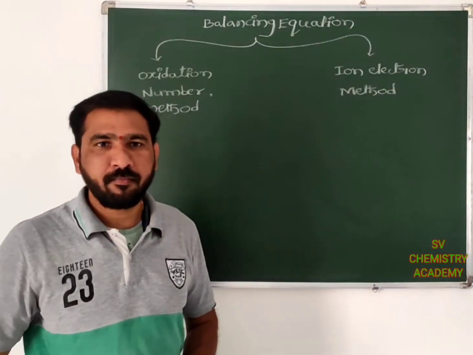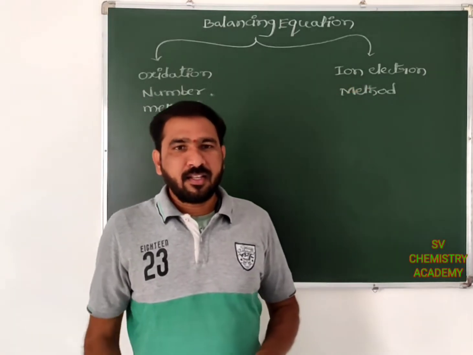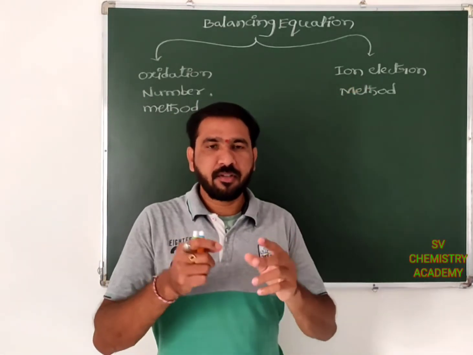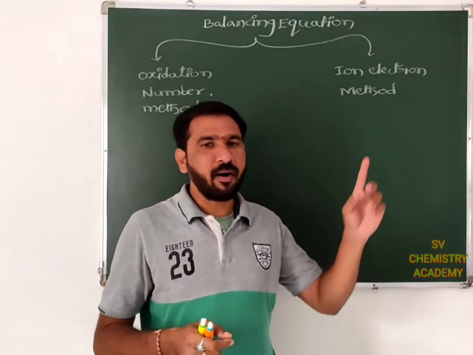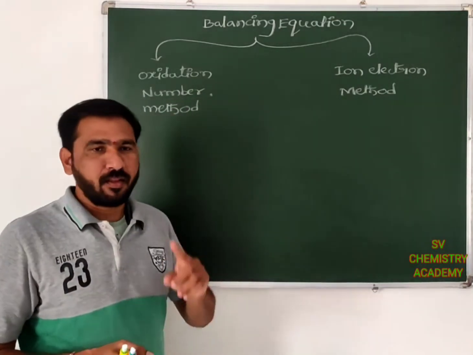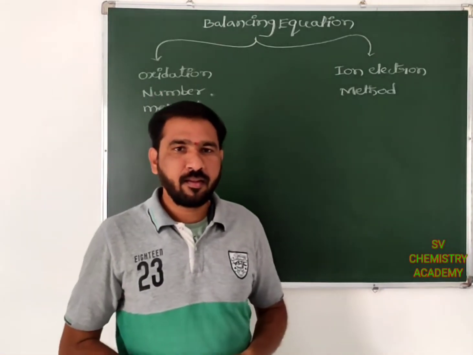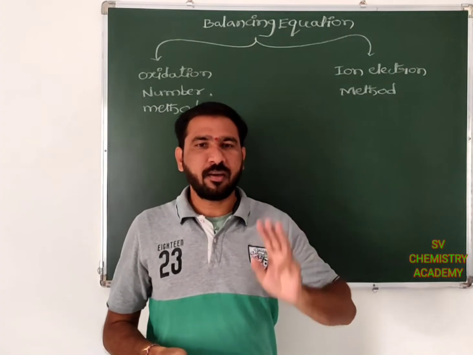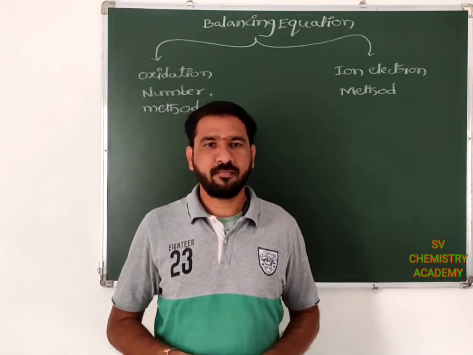But remember, this ion electron method is a lengthy method, a confusing method also, and time taking. But the simplest method among these 2 methods is the oxidation number method. Within 3 steps, we will get the balanced equation.